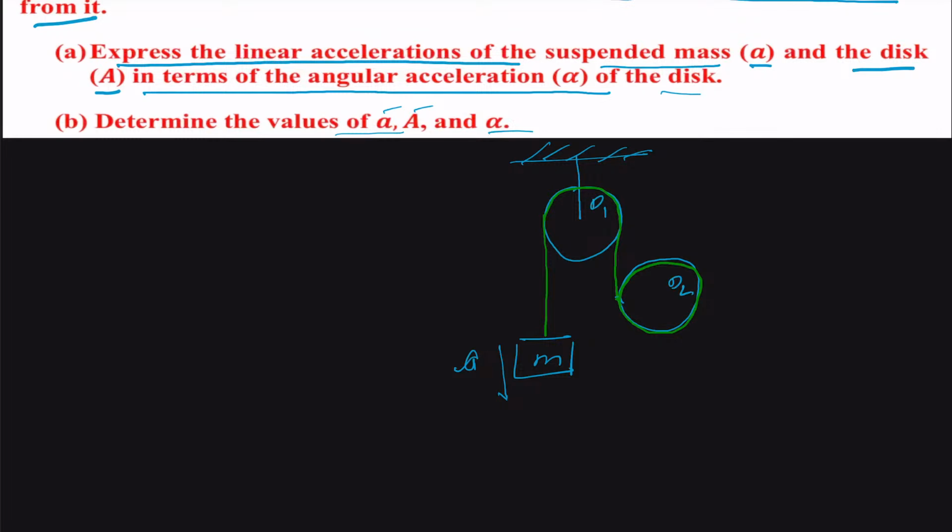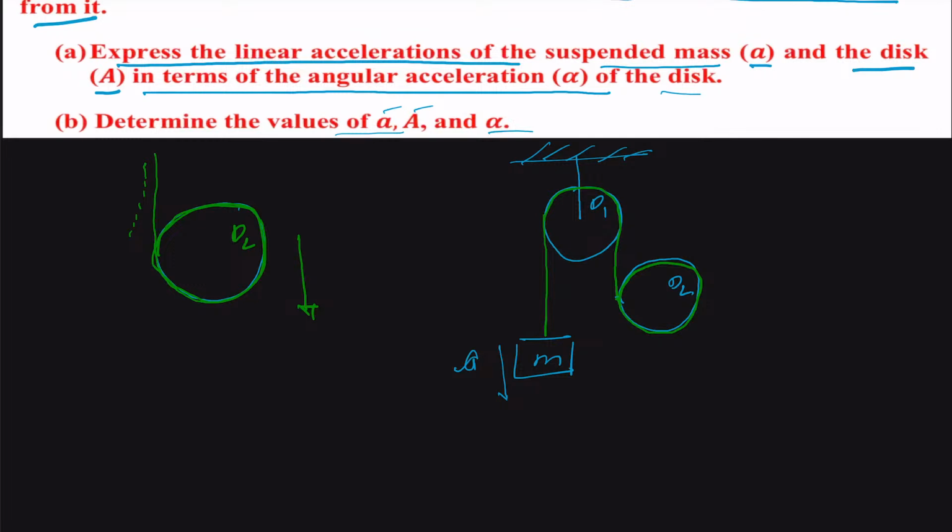So disc 2 has a tape around it, wound about it. As disc 2 falls in the downward direction, the tape is going to extend.